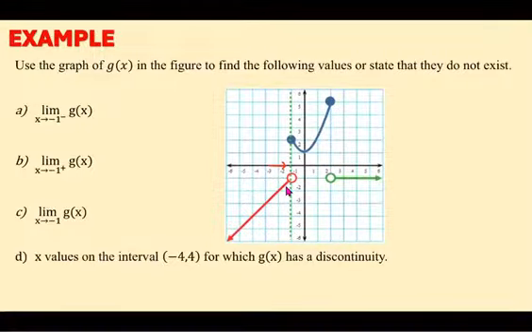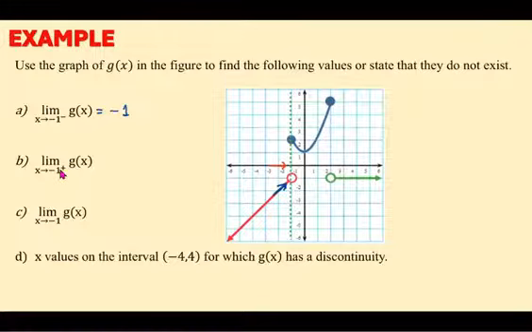As x approaches -1, the graph approaches that hole, where the corresponding value is -1. As x approaches -1, the function approaches closer and closer to that hole, and the corresponding value for that is -1. So we can say that the left-hand limit is -1.